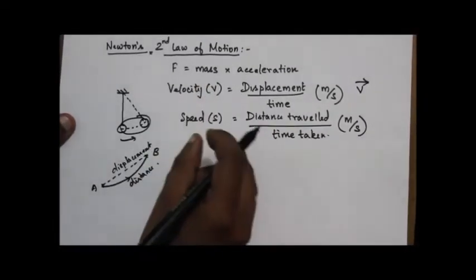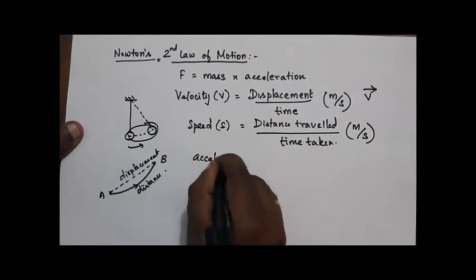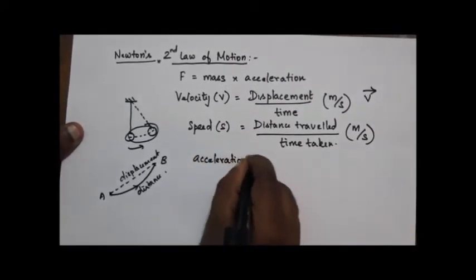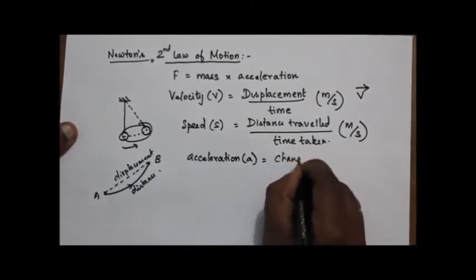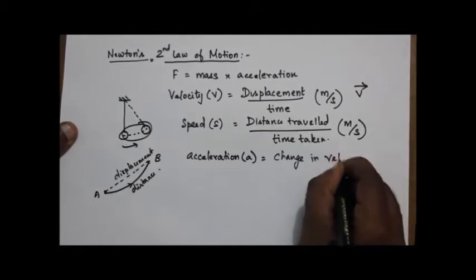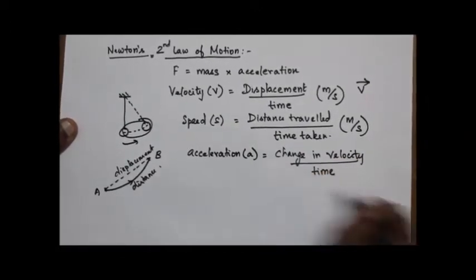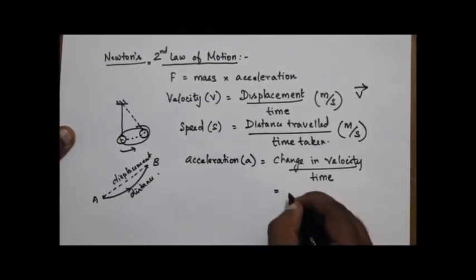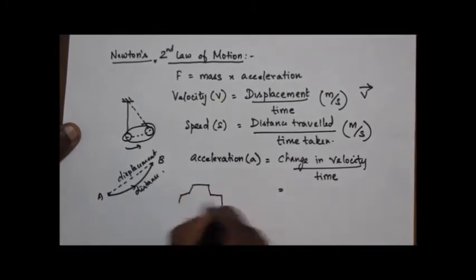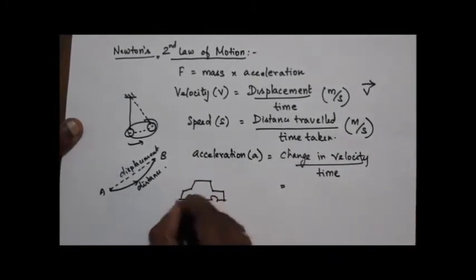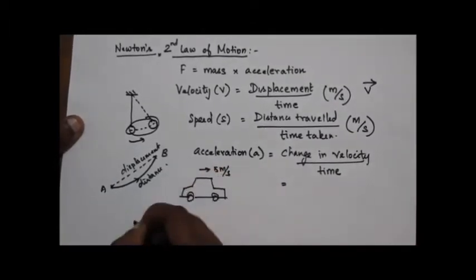So having defined what is velocity, we are going on to acceleration. Acceleration a is defined as the change in velocity by time. For example, take a car that is initially moving at 5 meters per second.